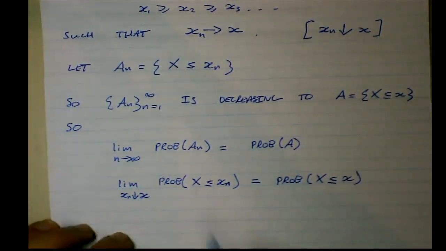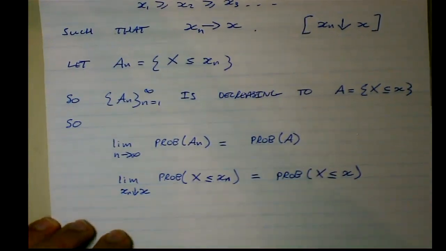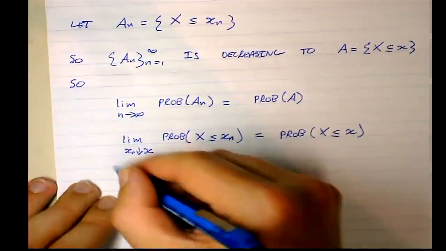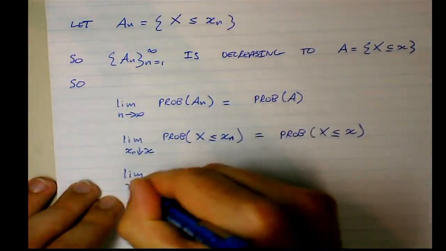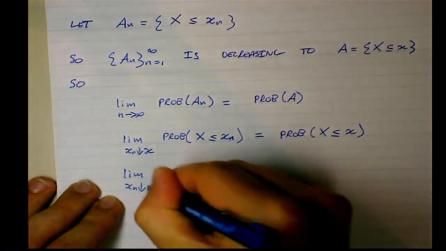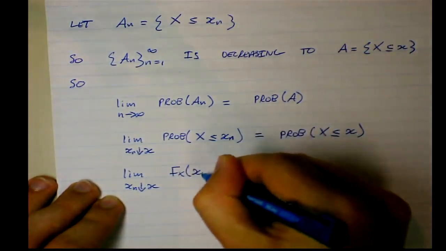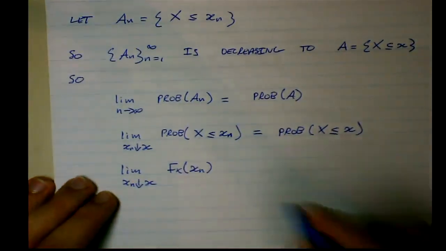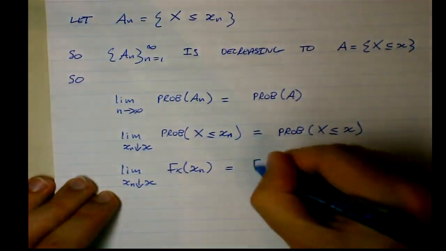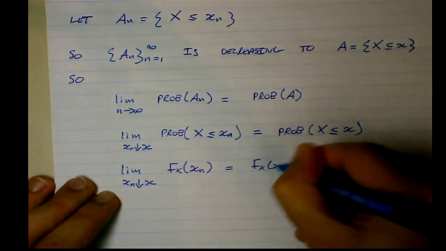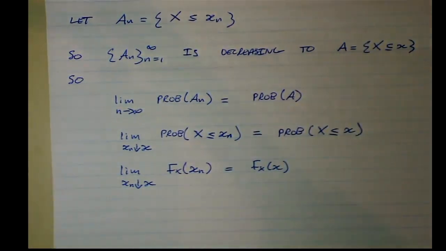That's just injecting the definition of A_n and A. Then we have that the limit as x_n decreases to x of F_X of x_n is equal to F_X of x.